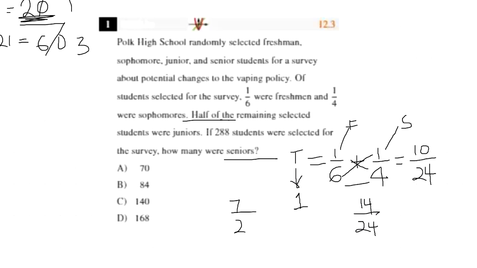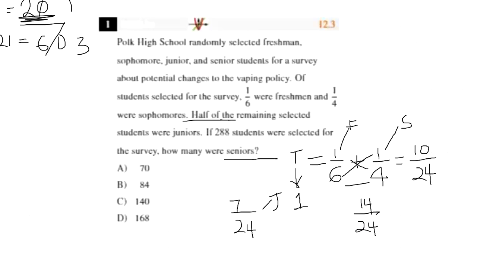Now, at this point, you should know how to get that for the seniors. So if the remaining, you have 14 over 24, and half were juniors, then it means half were seniors. But it wasn't said directly in the question.